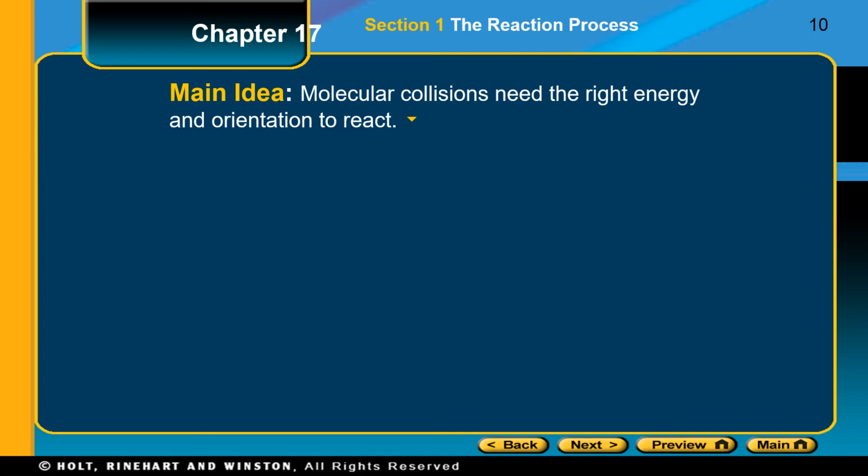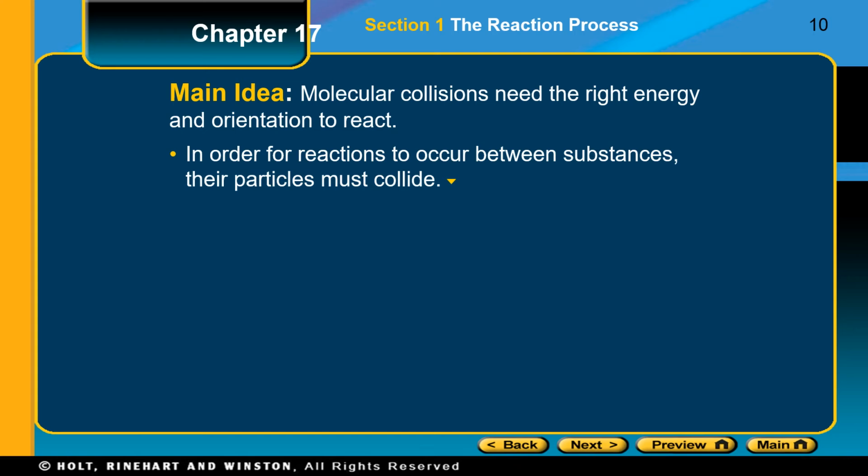That's not so much the angle that they strike each other, but you have to think of the molecule as being a three-dimensional object that is also rotating. So as this molecule, let's say of a gas, is moving through the air, it's not a stationary molecule. In other words, it doesn't just go through the air without rotating or spinning. It's actually spinning at different speeds from one time to the next as it moves through the air. So in order for this reaction to occur between these substances, these particles have to collide with each other.